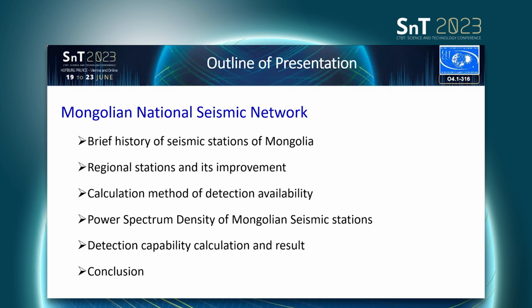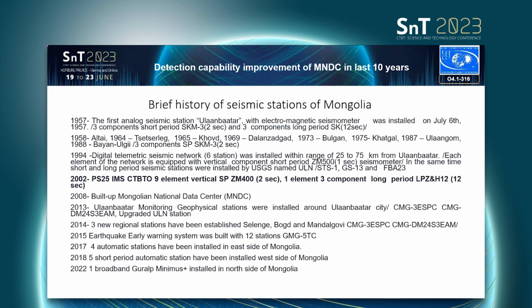Here is the outline of my presentation: a brief history of the seismic stations of Mongolia, regional stations and their improvement, the calculation method of detectability, power spectral density of Mongolian seismic stations, detection capability calculation and results, and conclusions. To present the capability, I need to briefly cover the history.